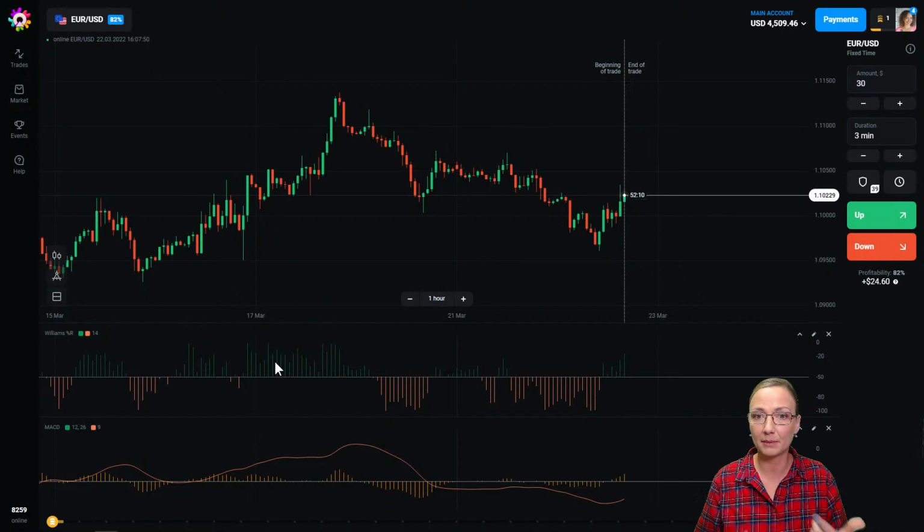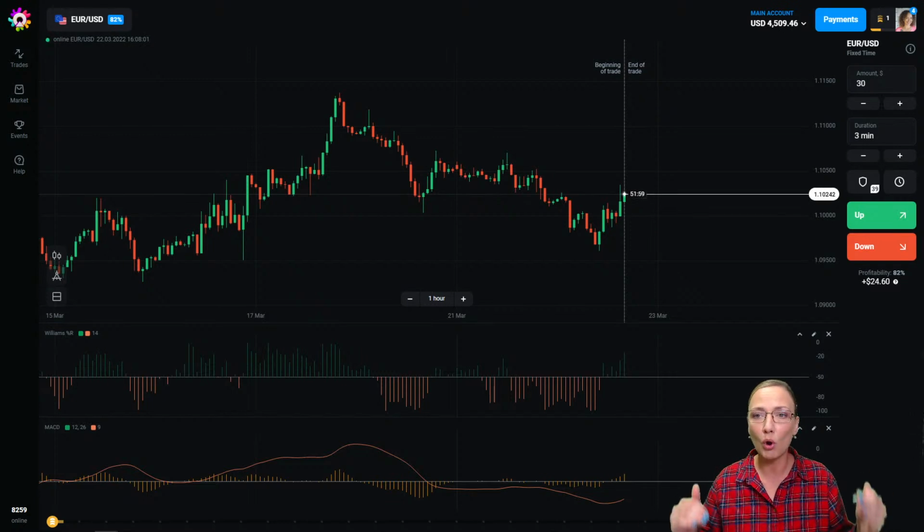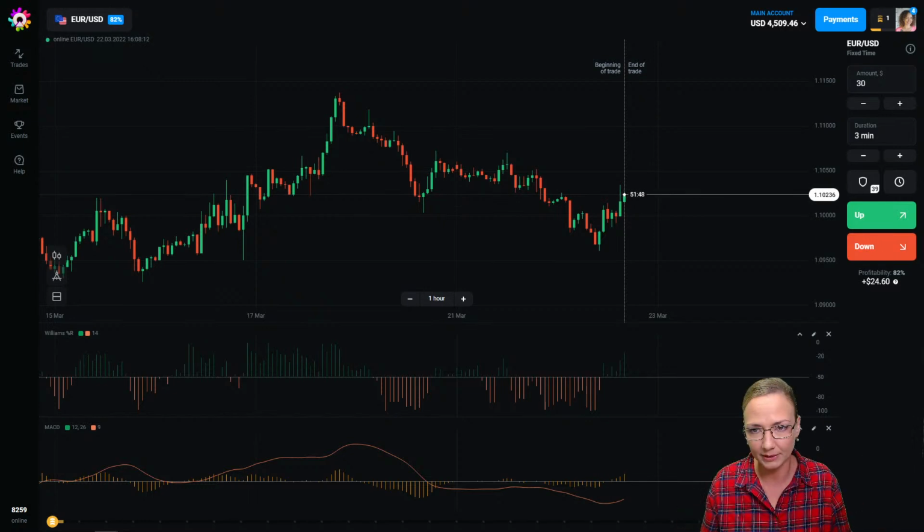Let me just explain this a little bit more, and then of course we'll look for some signals. On a good initial signal, we want to see both the Williams percentage R and the MACD lines cross the midline, either up or down. I'm going to show you in just a second, but you can also trade up or down even after the initial cross of the histogram.